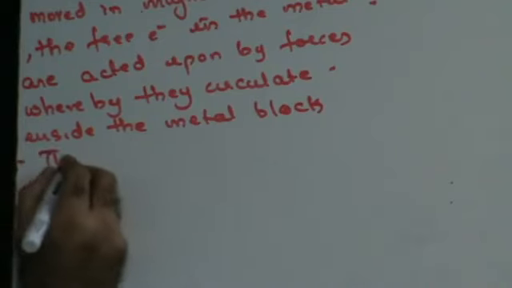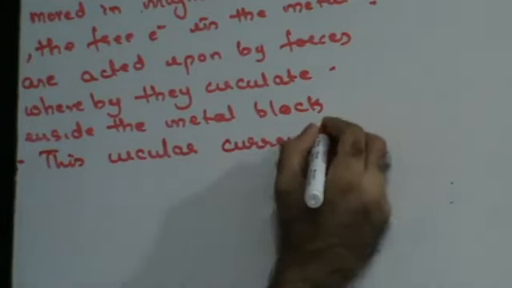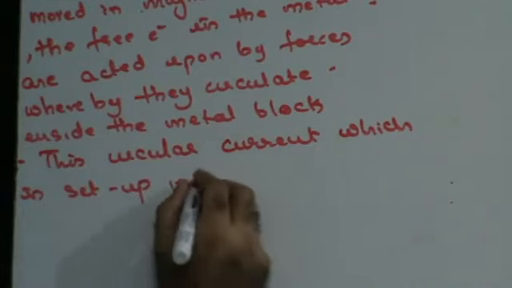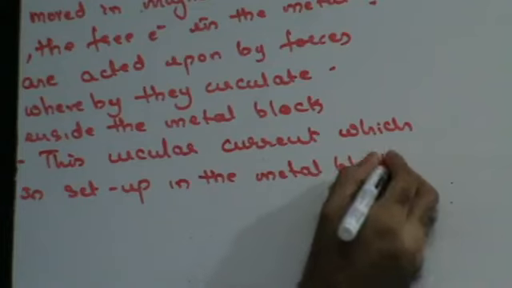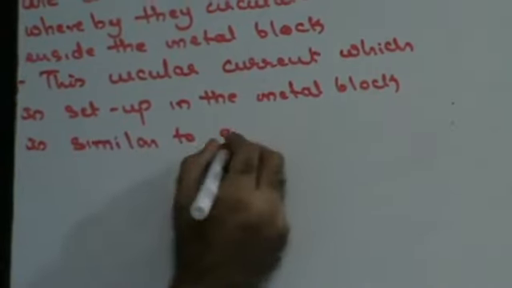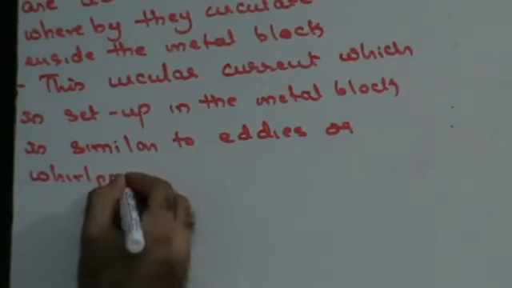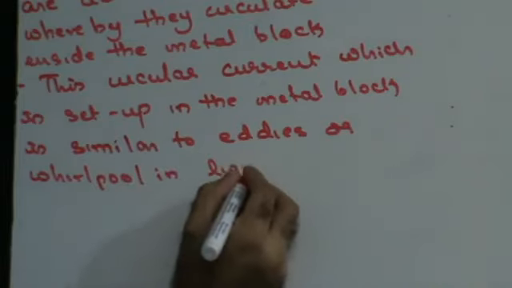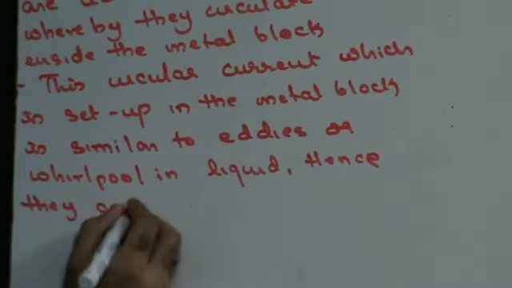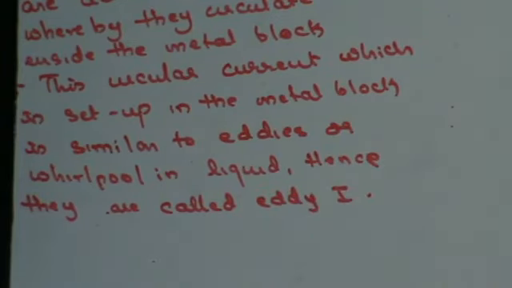This circular current set up in the metal block is similar to eddies or whirlpools in liquids, hence they are called eddy currents. So do we understand what eddy currents are?